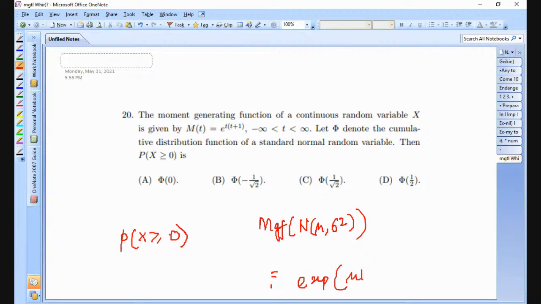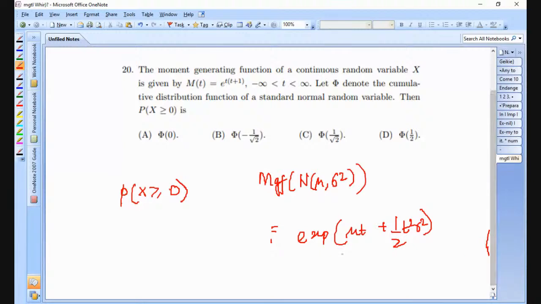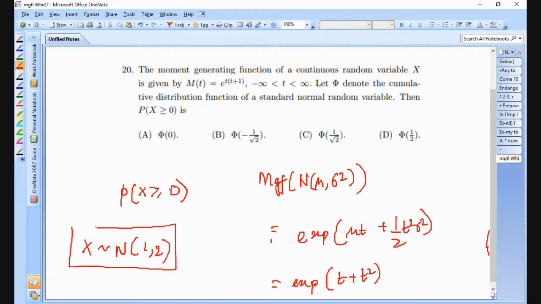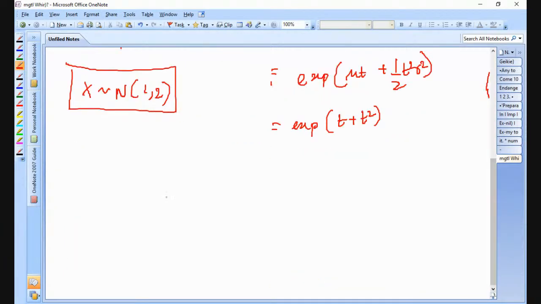Okay, lovely. And from here, here it is equal to exponential t plus t square. So X follows what normal? 1, 2. Lovely. X follows normal 1, 2. Very good. And so let's observe that if X follows normal 1, 2, so probability X greater than 0 is the same as what?